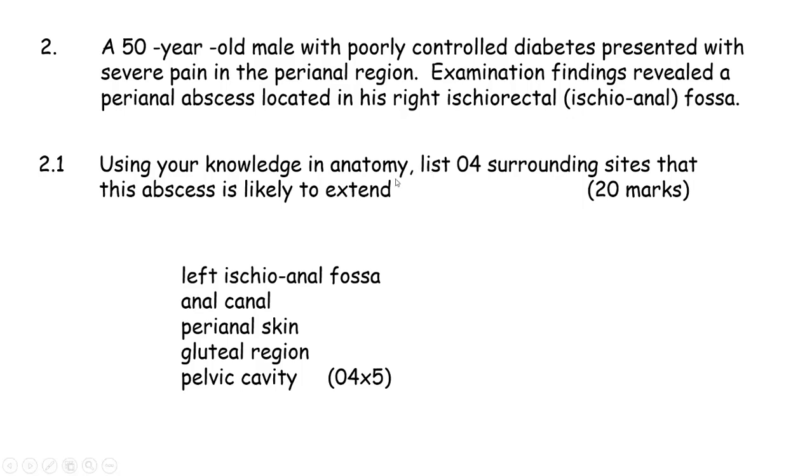So to give the answer to this part, you should know the location of the ischiorectal fossa and the structures in the vicinity. And not only that, where you can extend this abscess. Right?